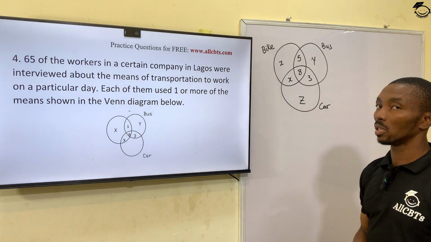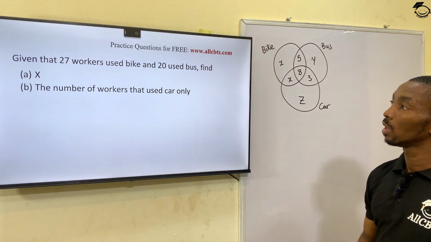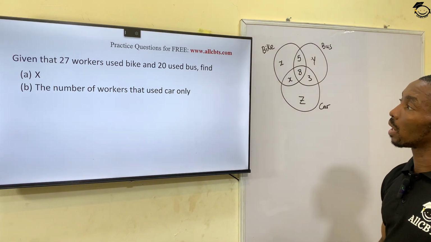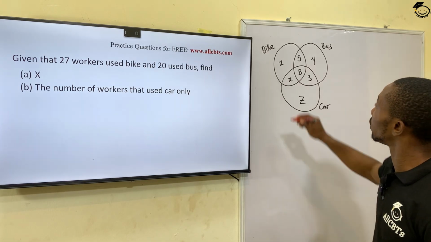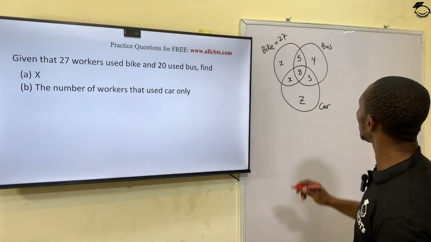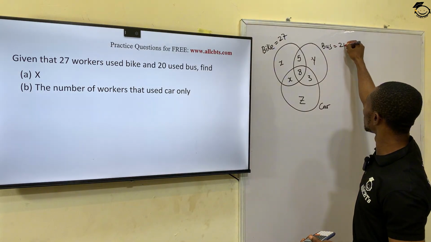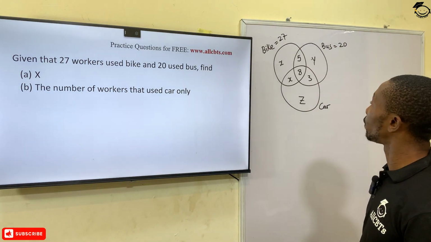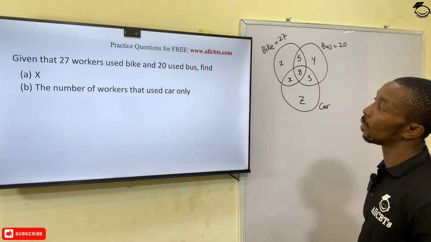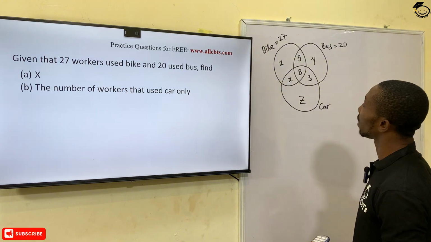Now our question says, given that 27 workers used bike and 20 used bus, we should find the value of X and the number of workers that used car alone.